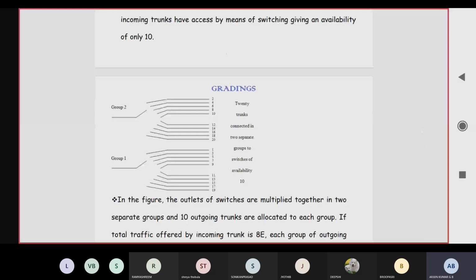Observe group 1: we have 10 customers in group 1. All 10 customers can be sufficiently connected to the 10 outgoing trunks. 6 will be fully available for group 1, and another 4 customers can access through group 2 trunk lines.